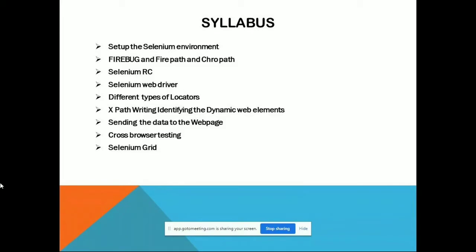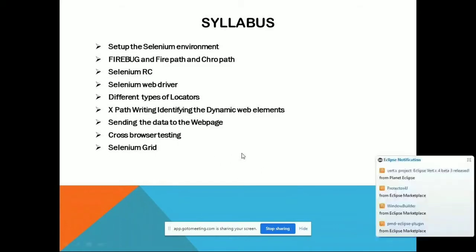So this is called cross-browser testing. How we perform cross-browser testing, as well as the Selenium Grid. Selenium Grid is required for parallel testing purposes. We will use Selenium Grid, so how we configure the Selenium Grid and how we execute scripts on our Selenium Grid.